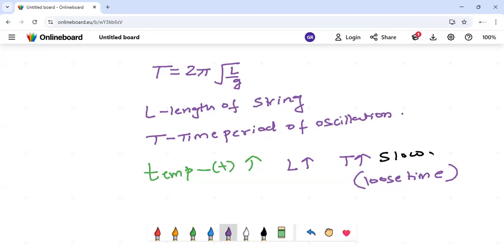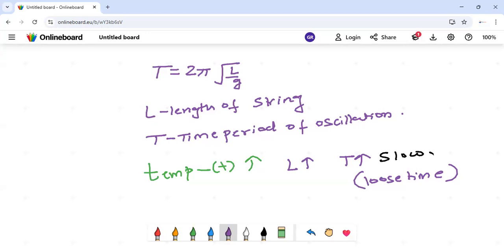For the same oscillation, the pendulum will take something more than 1 second, let's say 1.1 second. Earlier, one oscillation measured 1 second, now it takes 1.1 second. So for 60 oscillations, the pendulum is going to take 1.1 into 60.